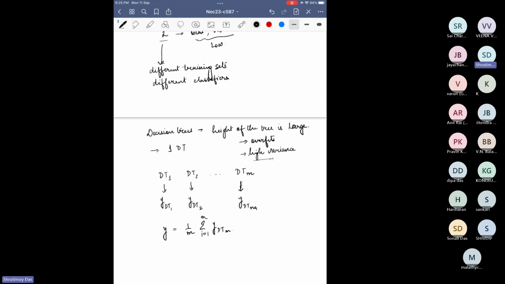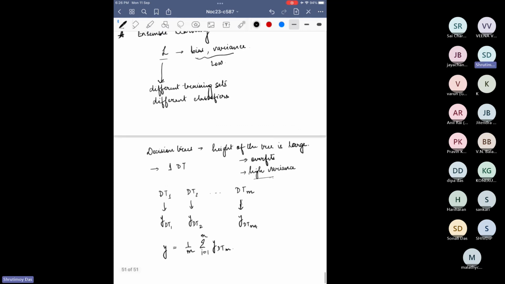Before going into it, suppose you do some random experiment. If you do the experiment once, it will have some variance, so you will not get your expected value. But as you increase the number of times you do the experiment, your variance is reduced and you get closer and closer to the mean. This is what happens in ensemble learning.